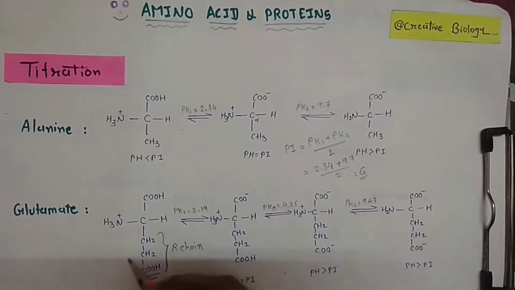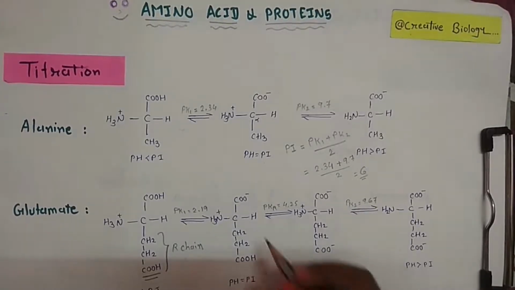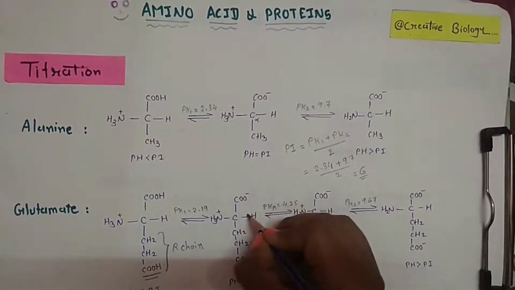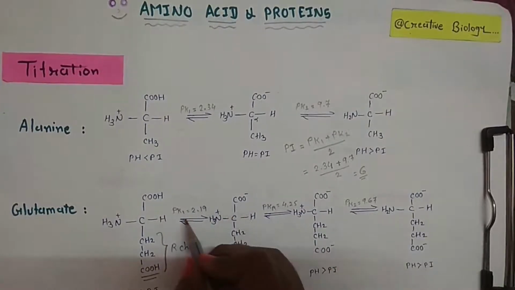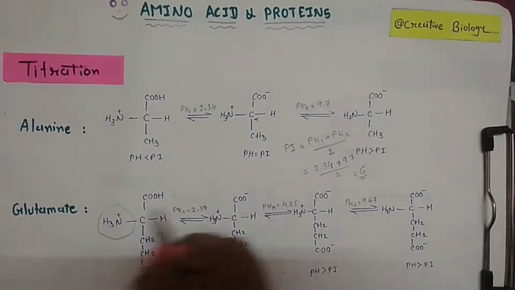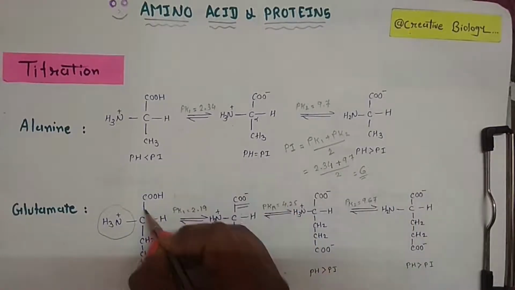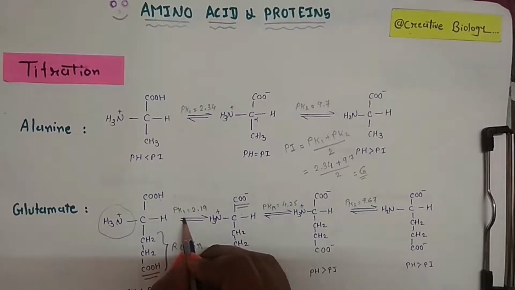As you can see here, when the pH is equal to its isoelectric pH, it has no charge because it's in the form of the Zwitter ion. When we titrate it with an acidic solution, it gets a positive charge, because the COO minus group accepts a proton and is converted into COOH. At that point pK1 is 2.19.